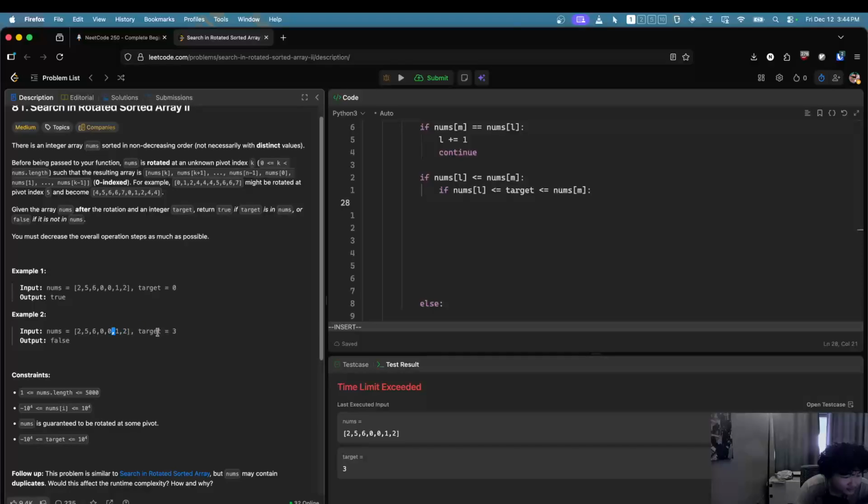Oh, the leftmost, and the target is there and the nums of is bigger. Okay, now that means it's way too big, so we need to do r minus. Otherwise, that means we're on the right track, so we'll just increment. Because if the middle is bigger than the target, we need to move towards the bigger side.